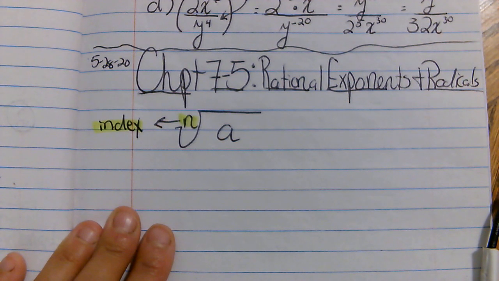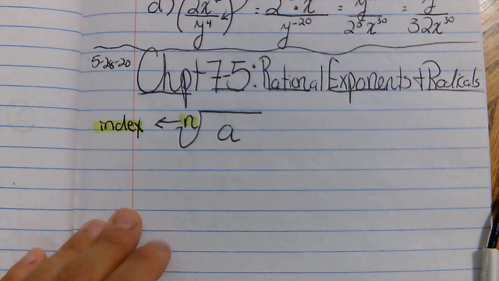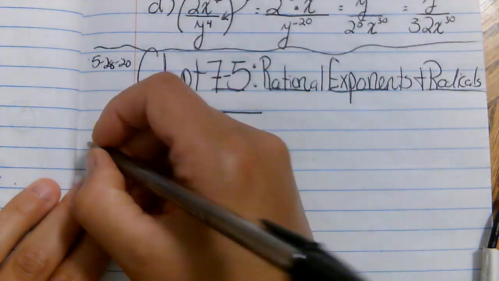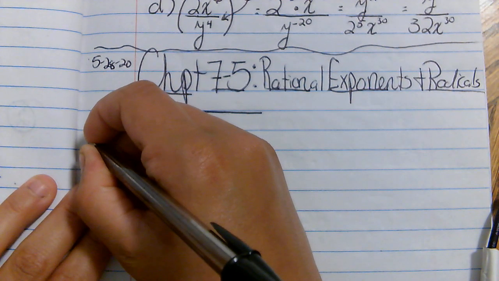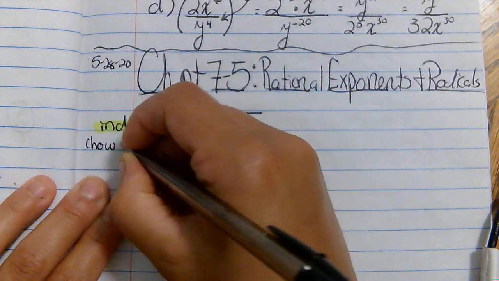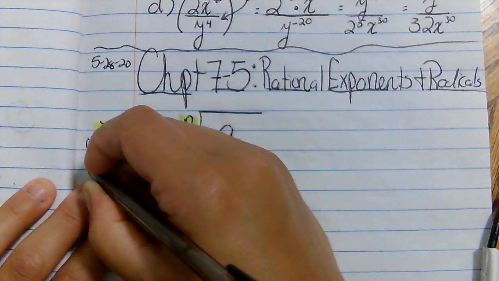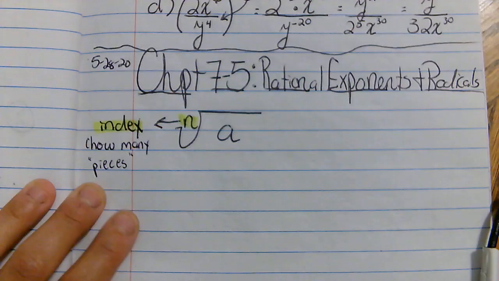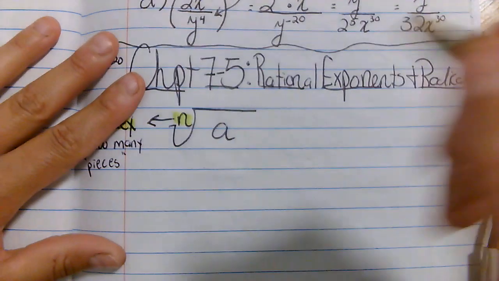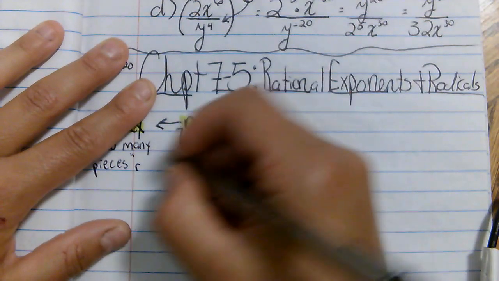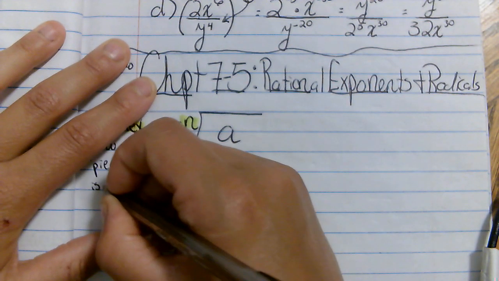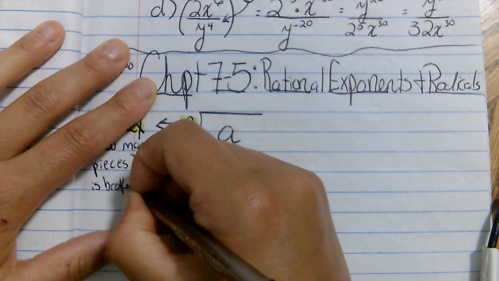So essentially, this number here, the index, tells me how many pieces, in quotation marks, the radicand, that's what this number is, is broken into.